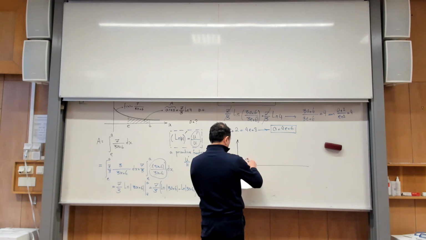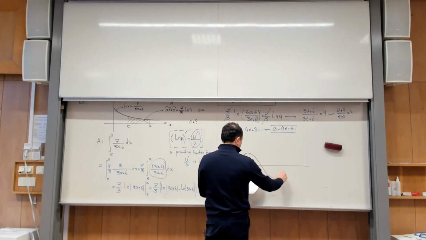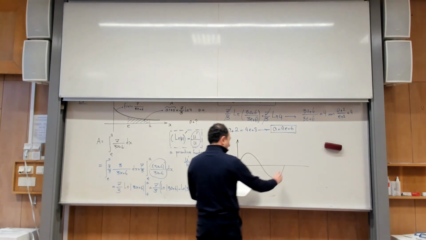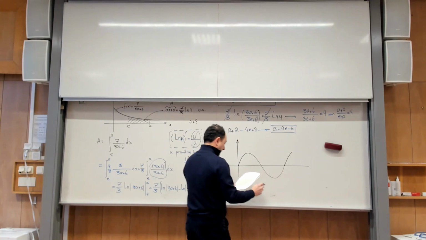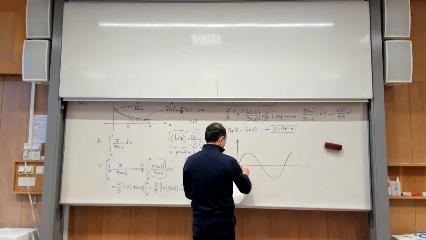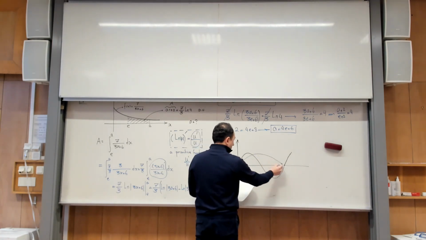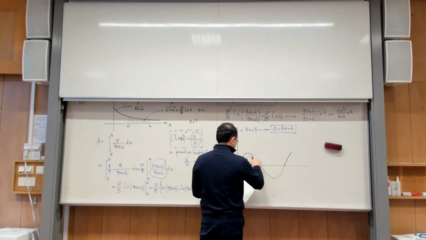Okay, so this is one of them, of course in one period. Let me continue it. And then there is another one, which is this one. Of course this is not good because they have to have the same heights. So for example, like this, and then I clean it.